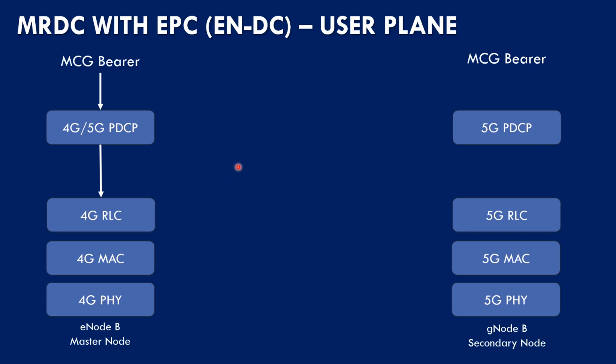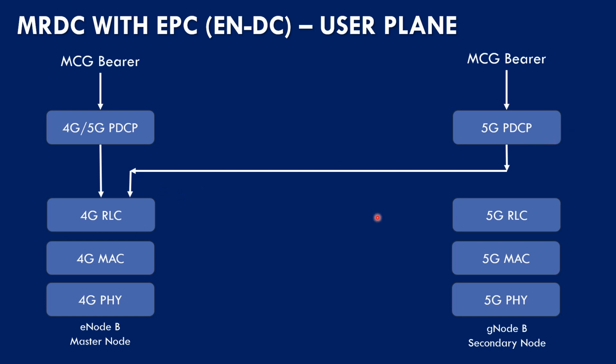Now there can be two types of bearers, whether MN terminated or SN terminated. To see which kind of termination a bearer has, we need to look at the PDCP. An MN terminated bearer is the bearer for which PDCP is located in the master node. So in our example, this one is the MN terminated bearer and this is the SN terminated bearer, because PDCP for this bearer is located in the secondary node.